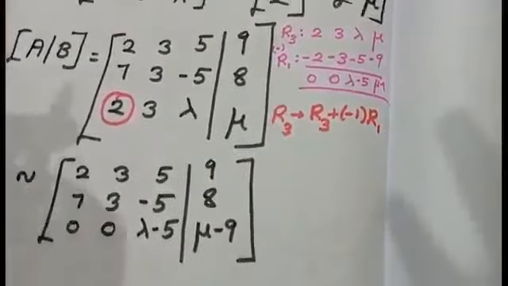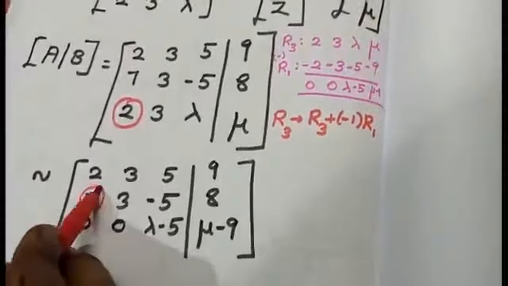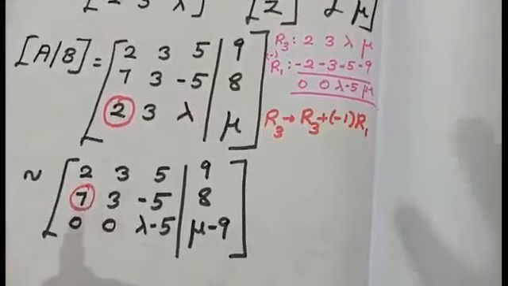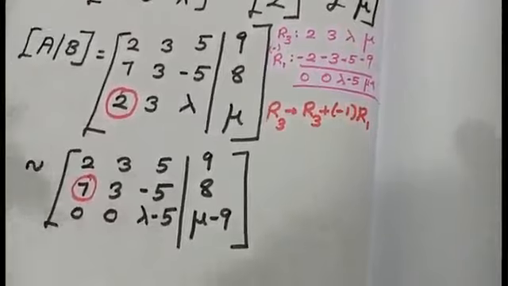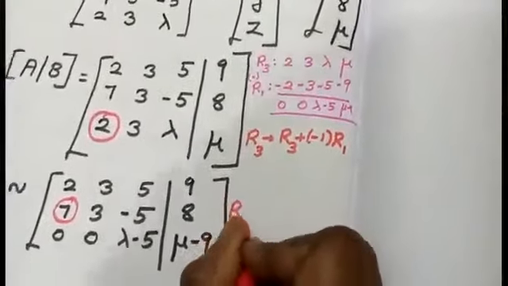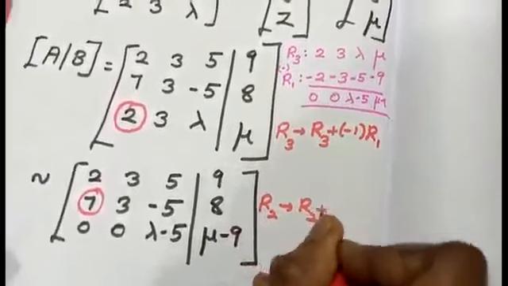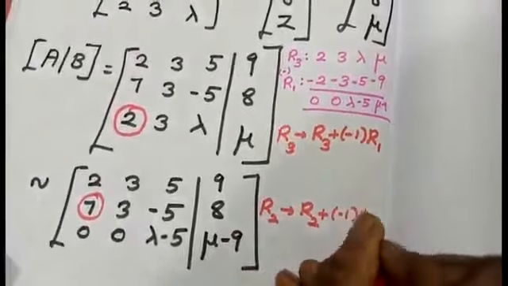Now in place of 7 I want to bring the value as 0. It is not possible to bring it directly, so what I am going to do here is R2 implies R2 plus minus 1 R1.